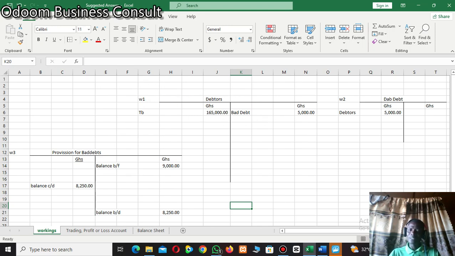We have workings 1, workings 2, workings 3, so that we can give a reference to some of these items in your final presentation, so that the examiner will know that this figure is coming from this workings, that figure is coming from that account. If you don't do it that way, your answers will become very cumbersome and the examiner wouldn't know what to do, and it's likely you lose some vital marks. So you have to present your solution or your answer in this manner.